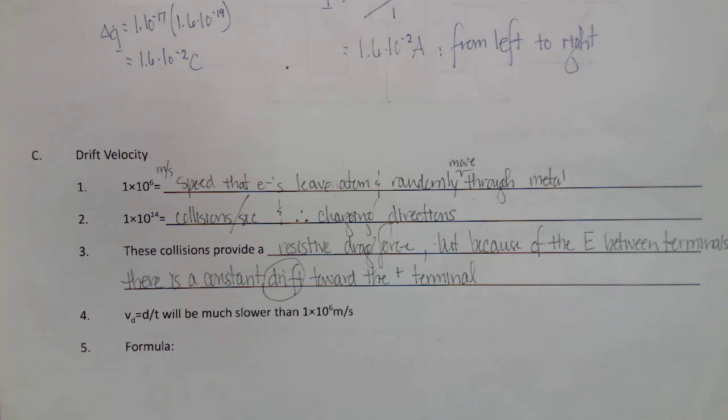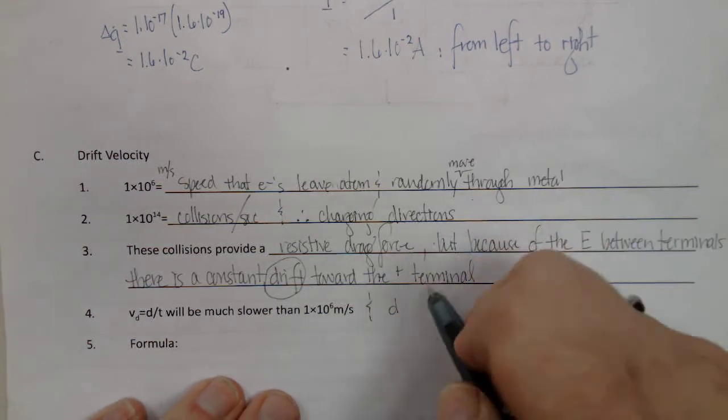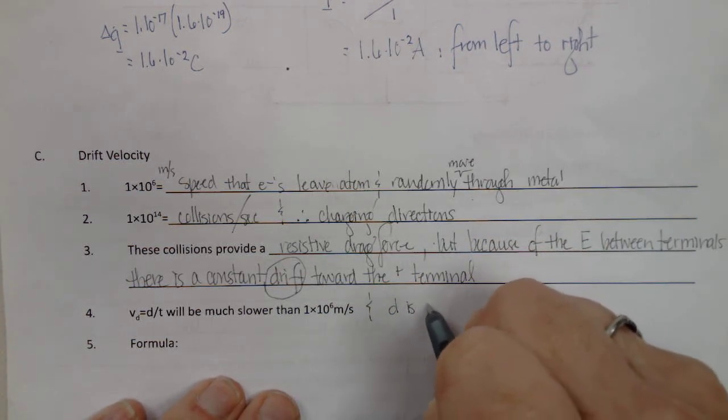We're thinking of it now, instead of 10 to the 6, in order of maybe 10 to the negative 3 or 10 to the negative 4 meters per second, a lot slower. And I want to emphasize the fact that d is not the distance it travels, d is the net displacement.